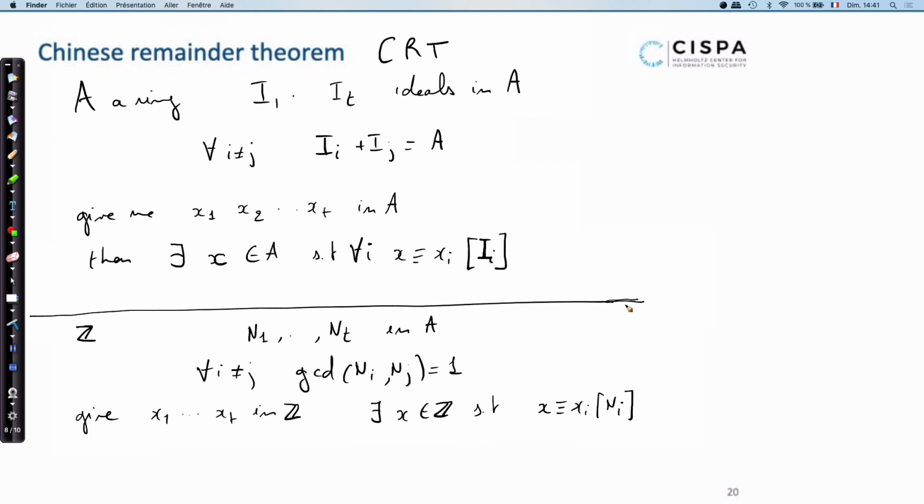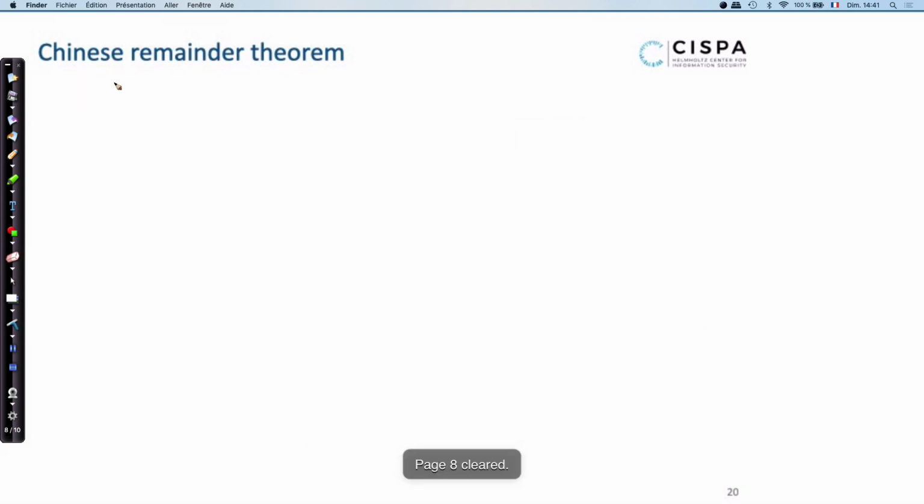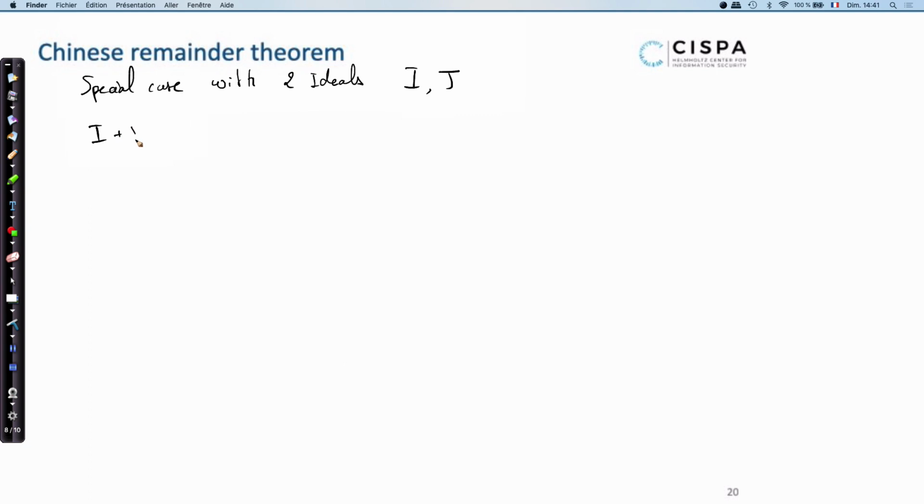Nice. So first, I'm going to start with a special case with just two ideals. So we have, let's say, I and J, which are two ideals, and we know that I plus J is equal to A. So what does this mean for two ideals?